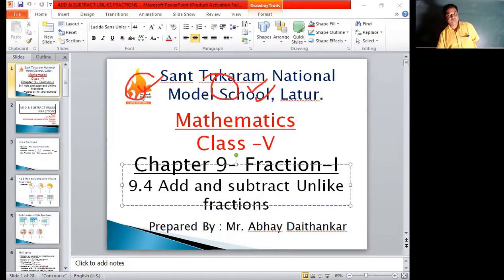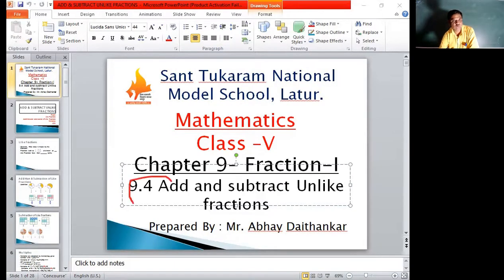out of 5 parts. Then we'll see one more example in which there is a square which is divided into 9 equal parts, and 2 parts are shaded with blue. We'll take another square of the same size, which is also divided into 9 equal parts, and 4 parts are shaded with pink. Now, if I combine the shaded parts of blue and pink, how much of the square is shaded?